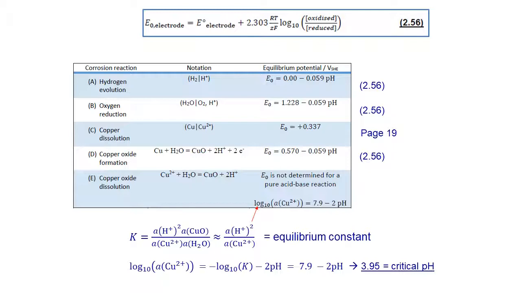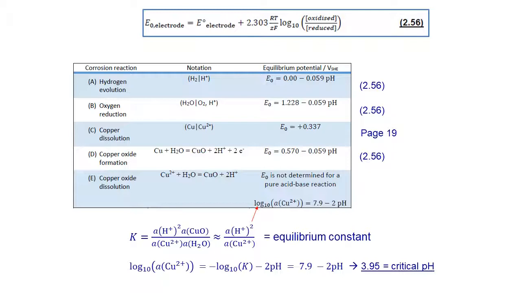We have rows A and B of the table, which describe the two possible oxidizing agents we might need to worry about, the protons in some aqueous solution. The concentration of those will depend on the pH, and row B, the dissolved oxygen as an oxidizing agent.